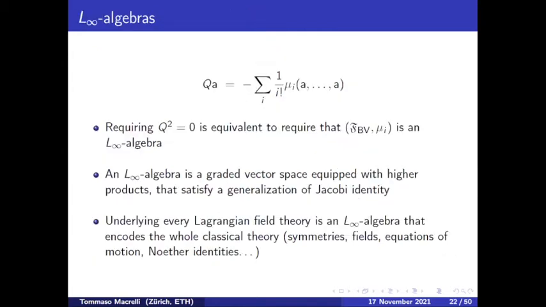And requiring that Q_BV squared is 0 is equivalent to requiring that these higher products satisfy a generalization of the Jacobi identity that we call the homotopy Jacobi identity, that is the structural relation of an L-infinity algebra. In this way, to every Lagrangian, polynomial Lagrangian field theory, we can associate an L-infinity algebra using the BV formalism. And this L-infinity algebra will capture the complete perturbative theory.